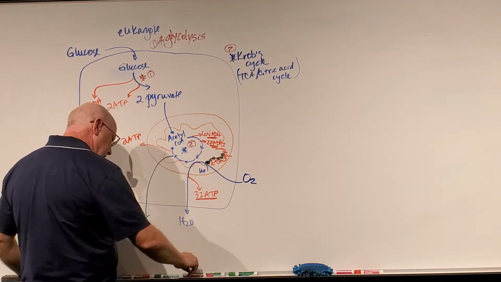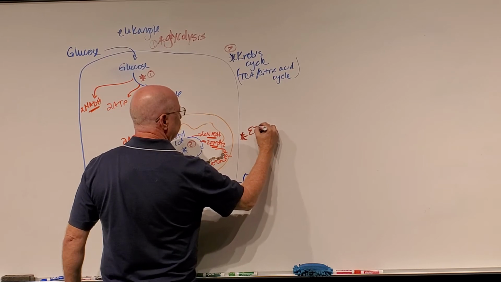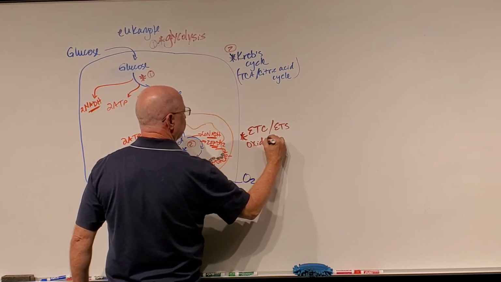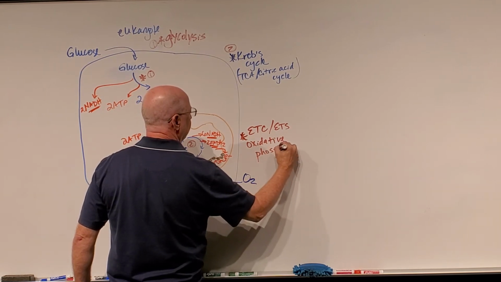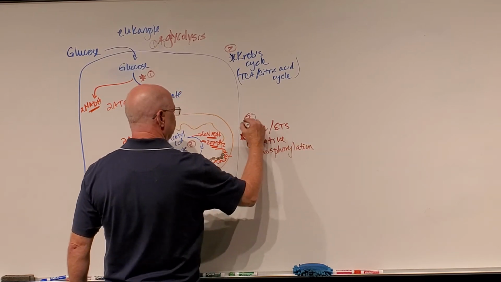This is the last step right here. It's called the electron transport chain, or ETS, or oxidative phosphorylation. It can go by all 3 names. Some people even call it chemiosmosis.